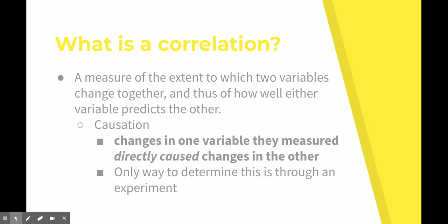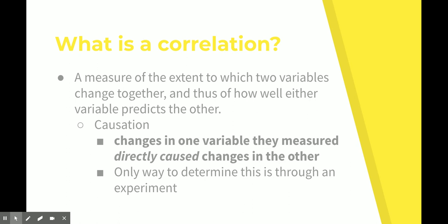So now let's talk about what is a correlation. We have some idea now, but a correlation is defined as the measure of the extent to which 2 variables change together, affect each other, essentially, and thus of how well either variable predicts the other. Again, what I think of in my mind is what is the relationship between these 2 things?